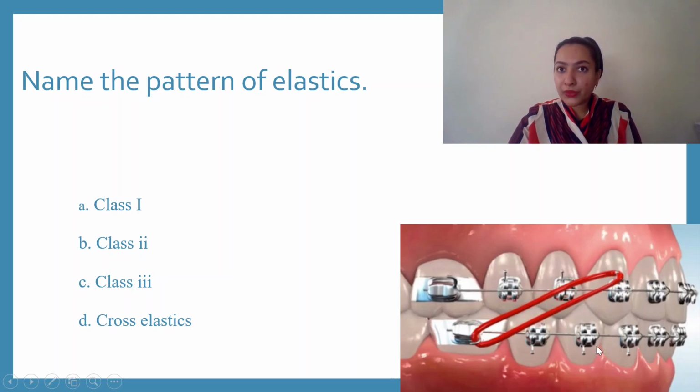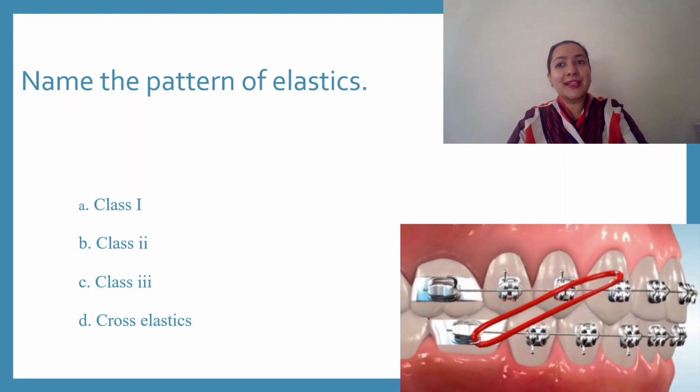Okay, so when my elastic is running from upper canine to lower second molar, this is an example of class 2 elastics. Okay, so class 2 pattern of elastics is used in class 2 cases, where we want to move our maxillary teeth behind and bring forward our mandibular teeth to attain a good class 1 molar relationship.